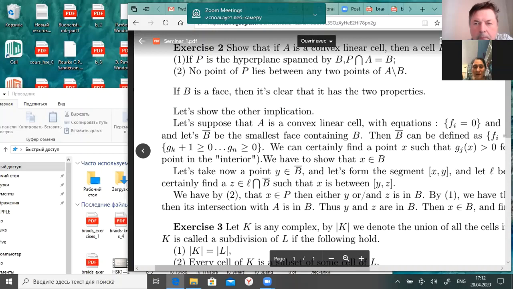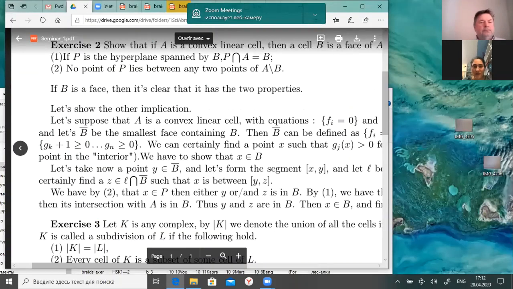So B is included into A. So by the course we have that B will be the same family of equations, but one of the Gj will be equal to 0. We cannot see the text fully.